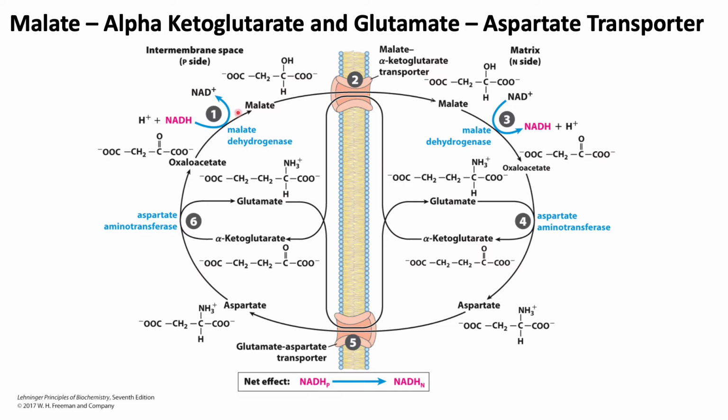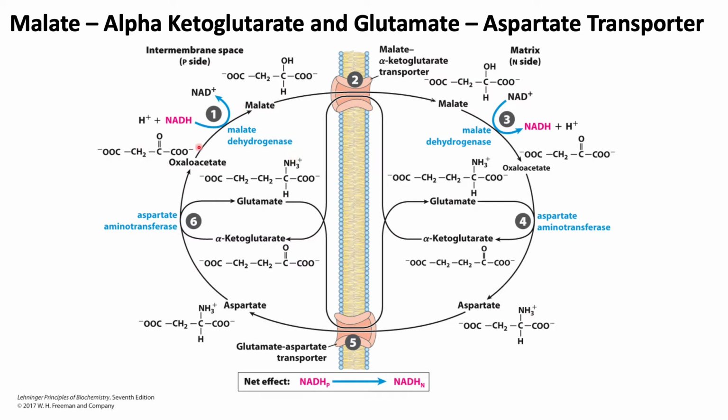And that molecule is malate. So we have oxaloacetate that is present in the inner membrane space of the mitochondria, and the oxaloacetate is able to gain the two hydrogens. So we take one of the hydrogens from NADH and the free-floating H+, and we add the hydrogens onto oxaloacetate and we get malate.